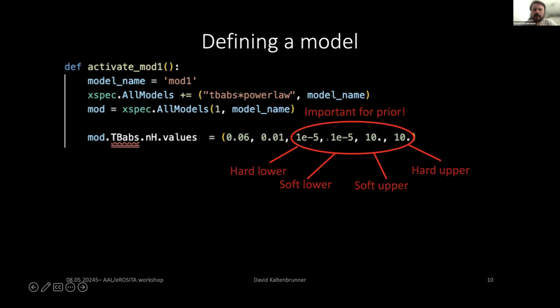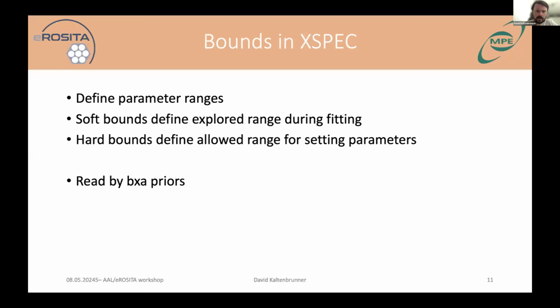The way that the setting of parameters in XSpec works is that you set the value, then basically at which grid size it should be tested, more or less. Then you set a hard and a soft lower bound and a soft and a hard upper bound. I'll explain on the next slide quickly what those two are.